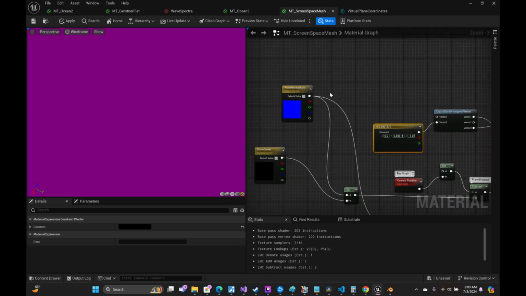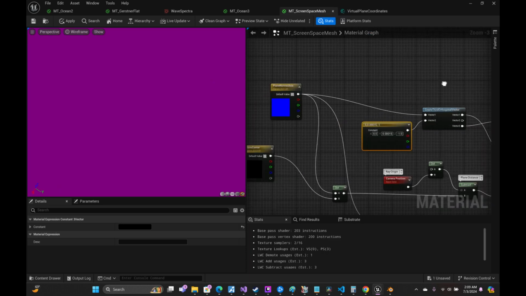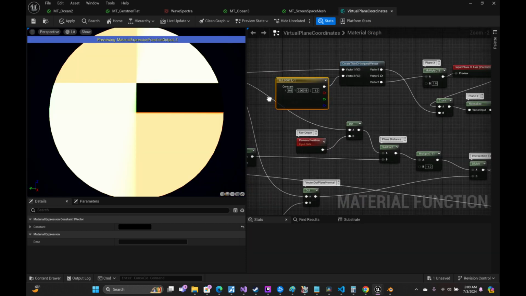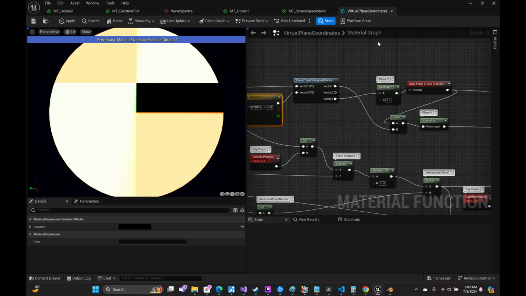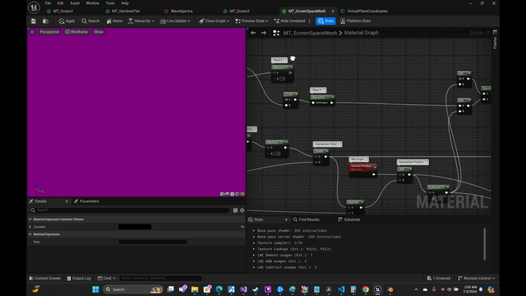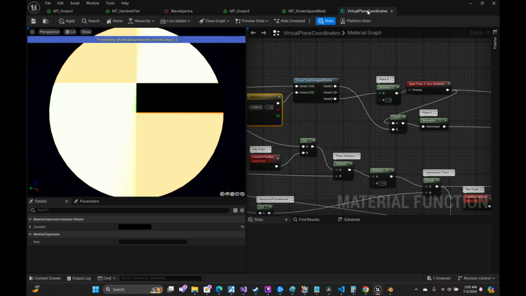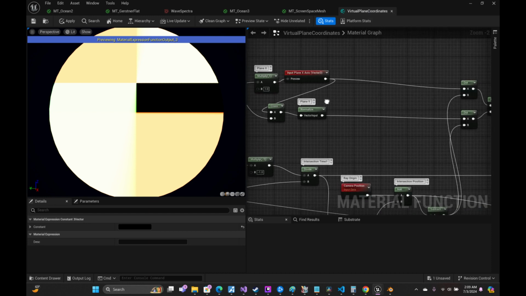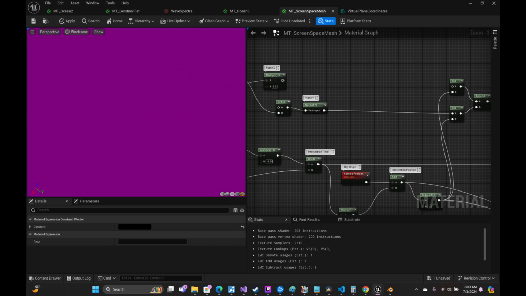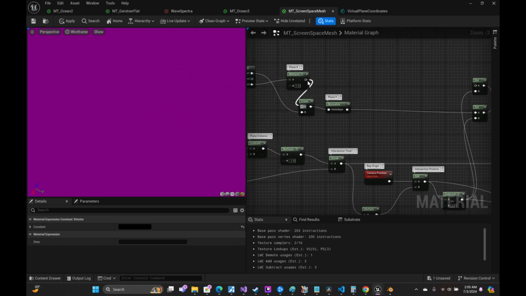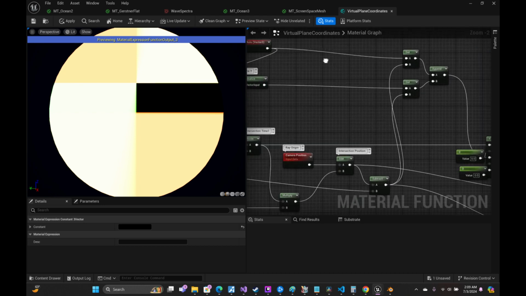Vector 1 is this. Okay, and then vector 3 multiply by 1 input plane x axis. Cross. I think that's right.